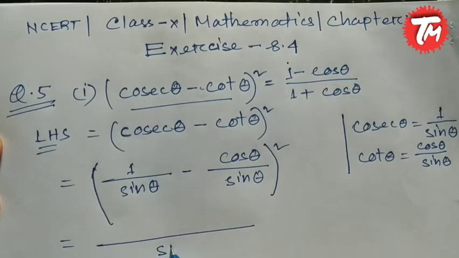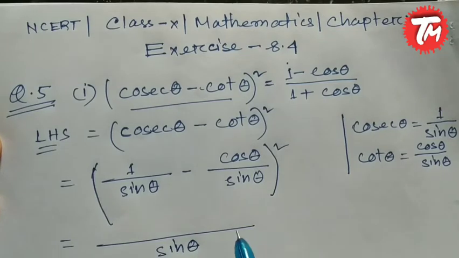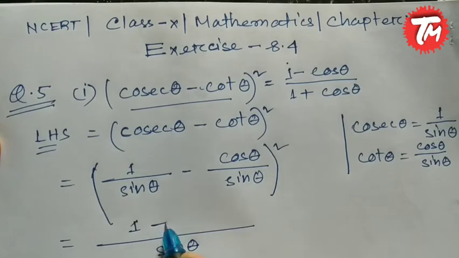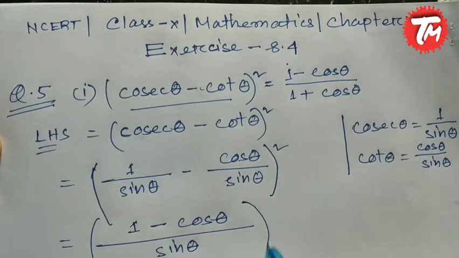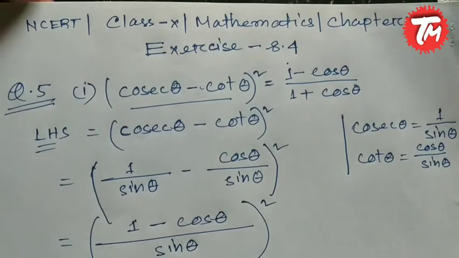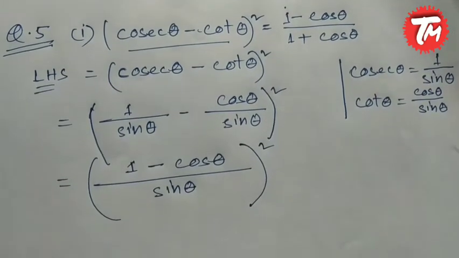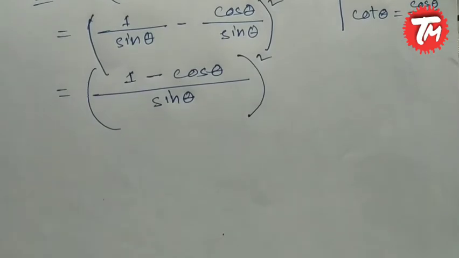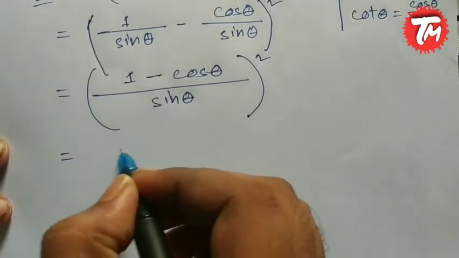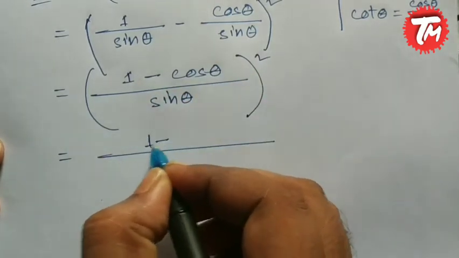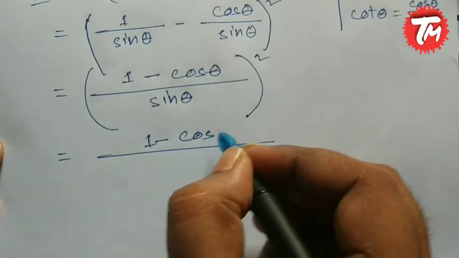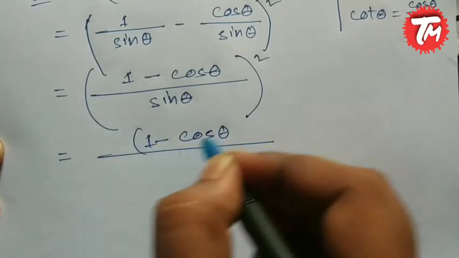So we can write 1 minus cos theta, whole square, divided by sin square theta.